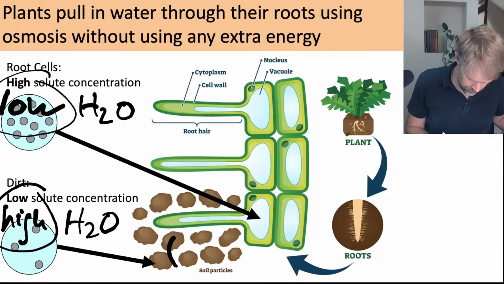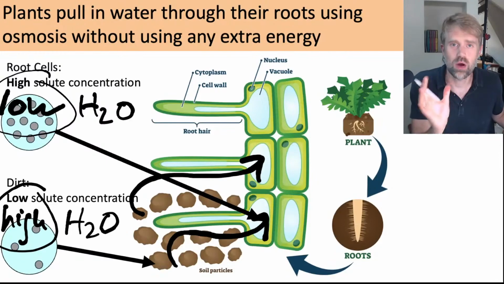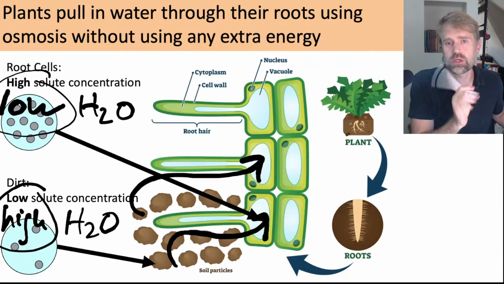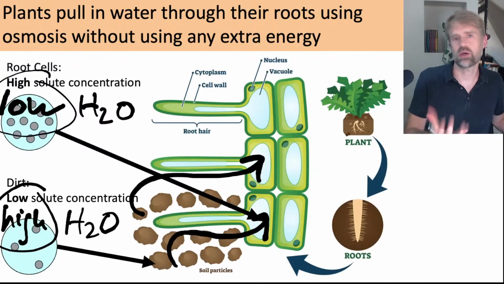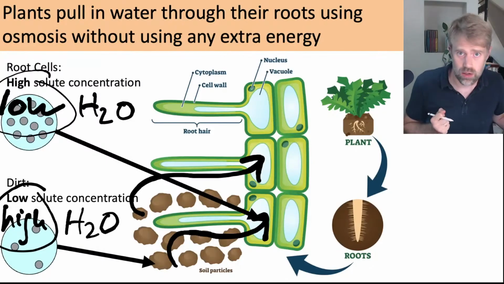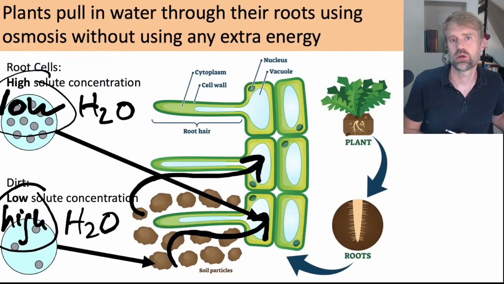It's going to move from the dirt into the cells, from high water concentration to low water concentration. So it gets pulled into the cells. You can think about it in two ways. The high solute concentration inside the cells is pulling or drawing the water, or you can think about it in terms of water concentration, going from high to low.